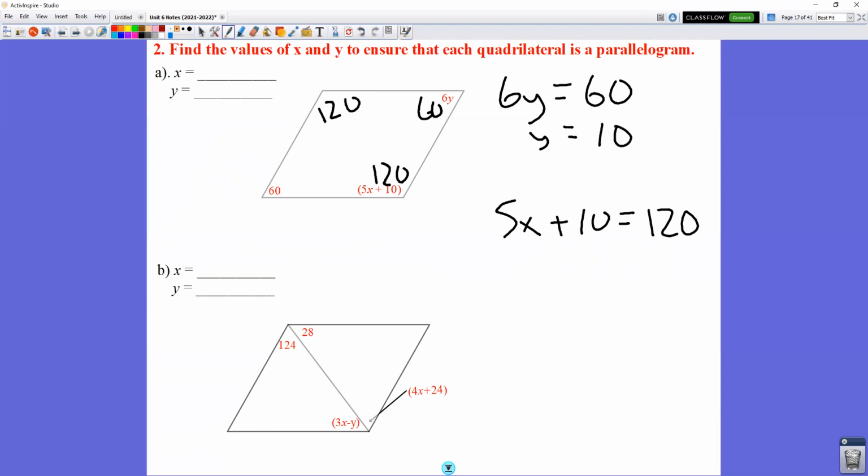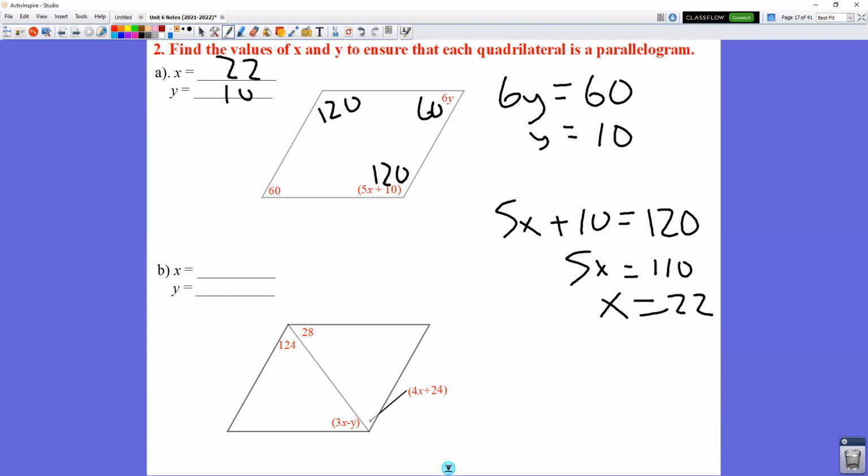And then if you finish out the last one, 5x plus 10 is equal to 120. If you subtract 10 from both sides, that'll be 5x equals 110. And now all you have to do is divide 110 by 5. And so that makes this answer 22. So y is 10. X is 22. And that's going to do it for that question.